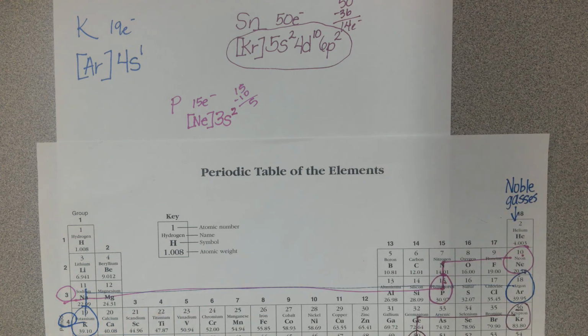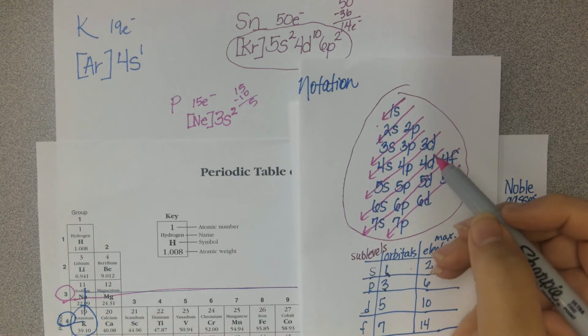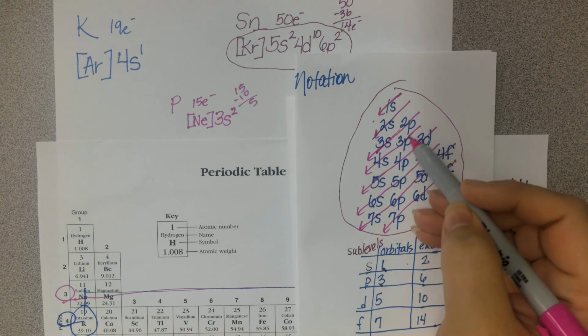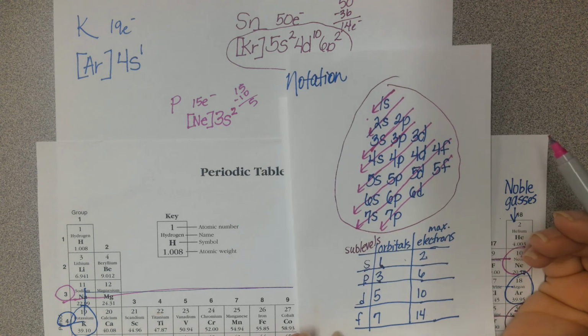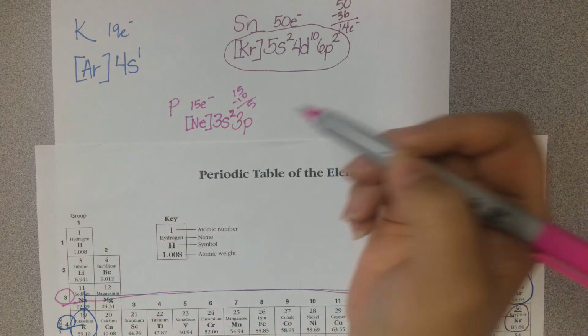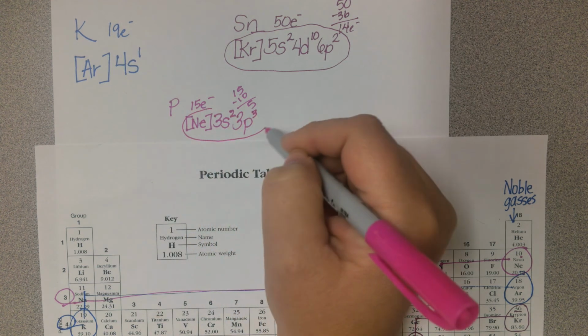Then I'm going to need to add some more, because remember, I needed to add on 5 more. So what comes after 3s? Well, 3p comes next. And so I'm going to go to the 3p sublevel next, and I only need 3 more electrons.